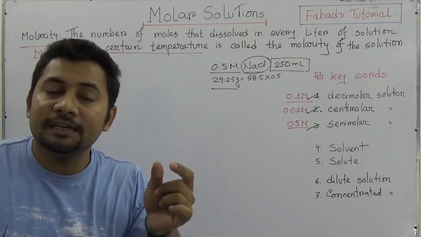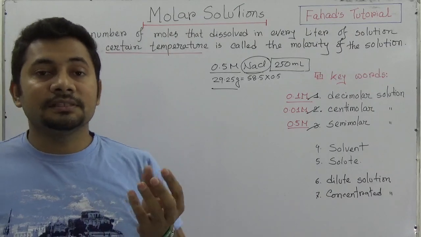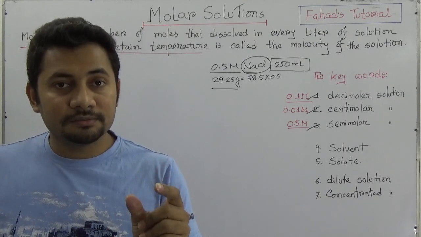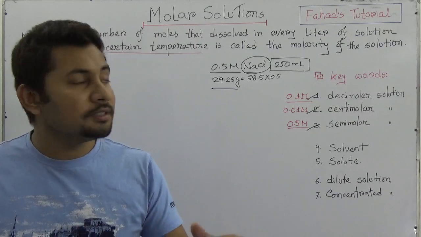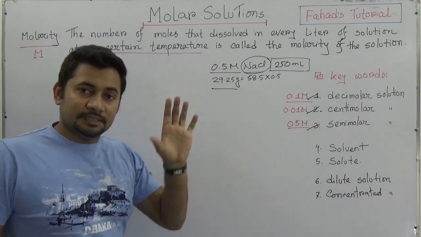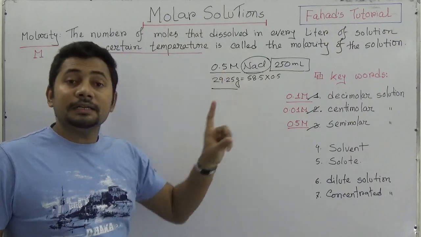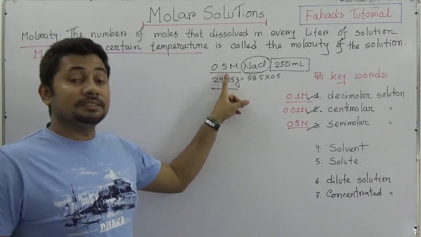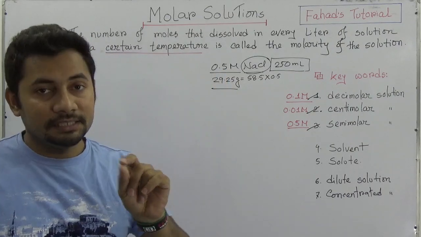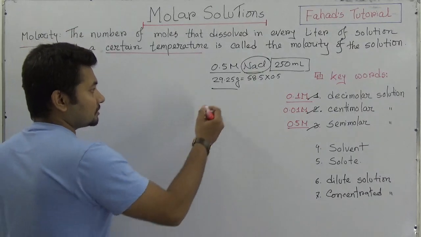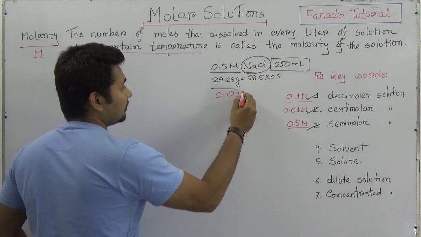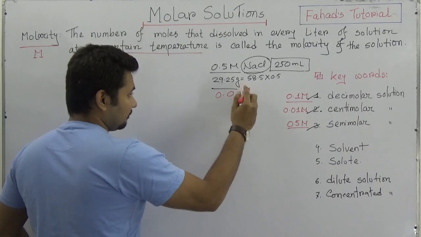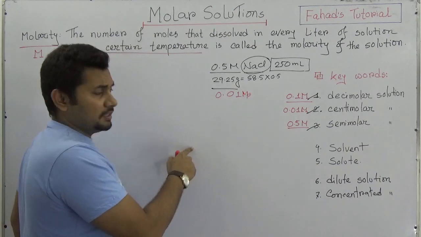Okay, so why am I using sodium chloride? Because the example of edible salt, which is sodium chloride, is very common. So 0.5 is semimolar, 0.1 is decimolar and 0.01 is centimolar. So when 0.01 molar of sodium chloride is used, then what will it be?